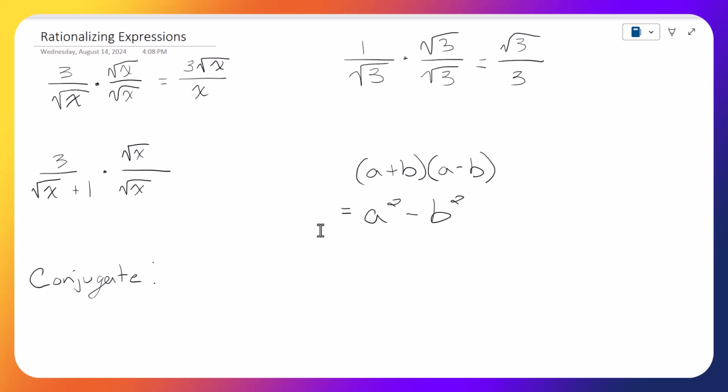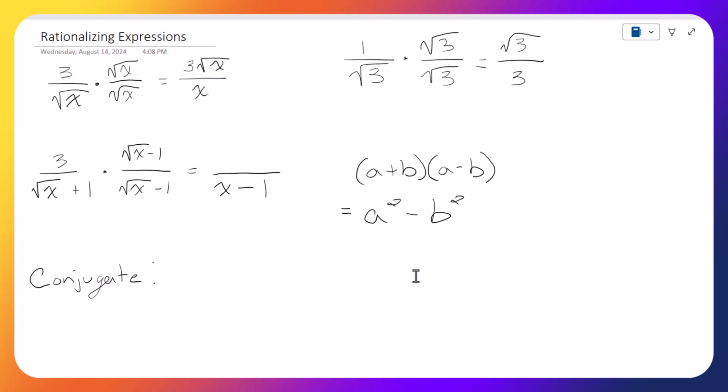So if I just subtract 1 here, all I'm going to be left with is a squared, which in this case, let me put the minus 1 on top too, don't want to forget that. We're going to get x, because the square root of x times the square root of x, or the square root of x squared, is just x, and then positive 1 minus 1, and our b is just 1 in this case, so we have minus 1 squared. 1 squared is just 1.